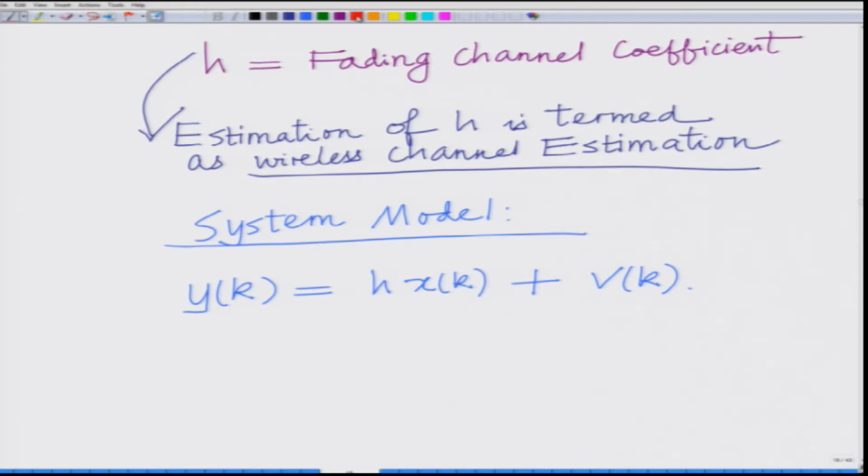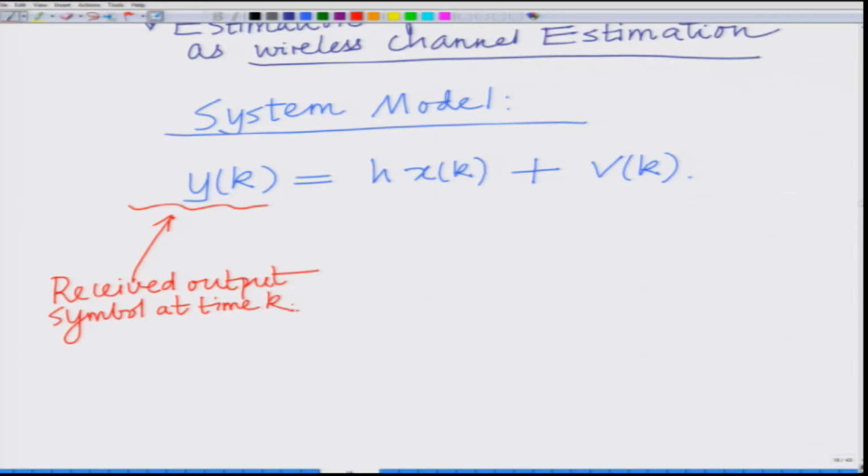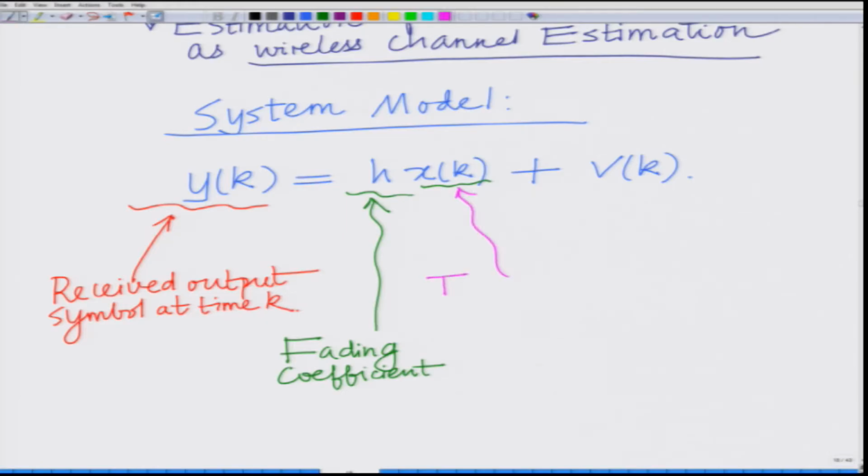Here yk is the received output symbol at time instant k, H is the fading coefficient, and xk is the transmitted pilot symbol at time instant k.